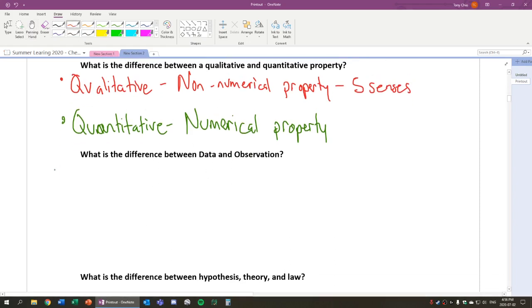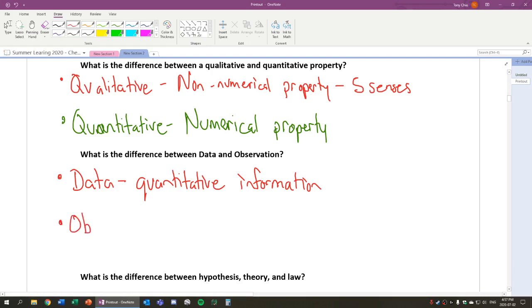How does that relate to data and observation? In this case, data is mostly quantitative information. Anything that has numbers, that's data that's collected.